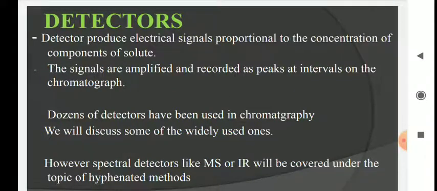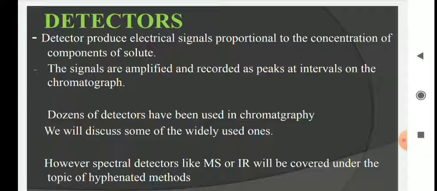The detectors will produce electrical signals proportional to the concentration of the components, the solutes, in the sample. There are two types: you have got differential detectors and the regular detectors which are not differential ones.